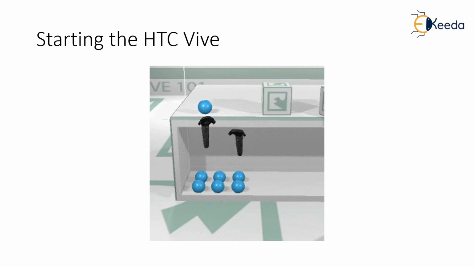So there is a good direct control between your HTC Vive and your Unity. When you create an entire VR experience and press play, you can see the entire experience directly in the HTC Vive. That's how the connection is there between the HTC Vive and the Unity.